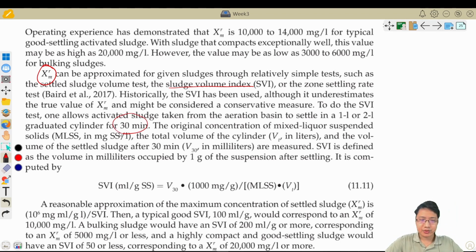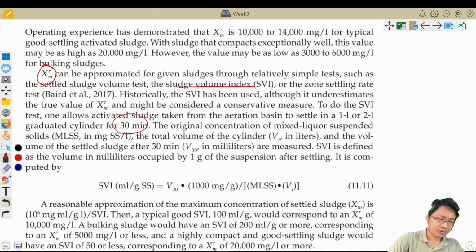Okay, we put the activated sludge into settling cylinders for 30 minutes, and then we note the total volume of the cylinders, and the volume of the settled sludge after 30 minutes will be measured as our SVI.